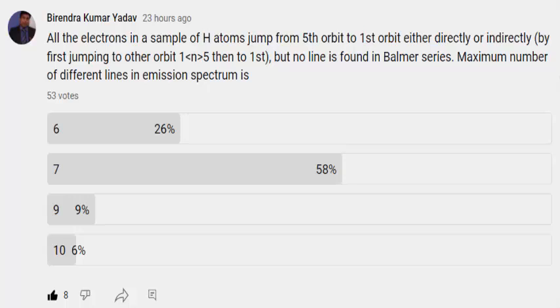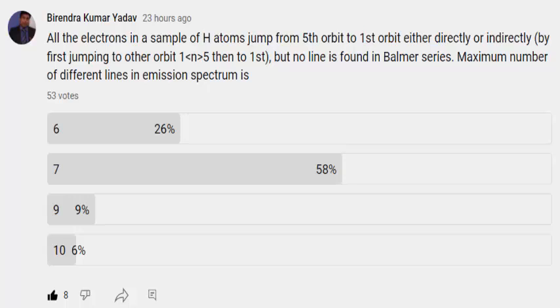The maximum number of different lines in the emission spectrum is? Options were 6, 7, 9, 10. Around 27% said 6, 57% said 7, 10% said 9, 6% said 10. Let's see what the correct answer is.